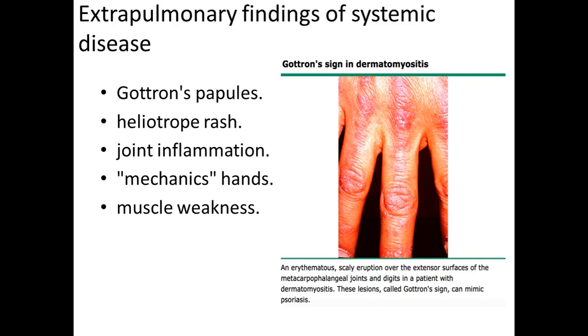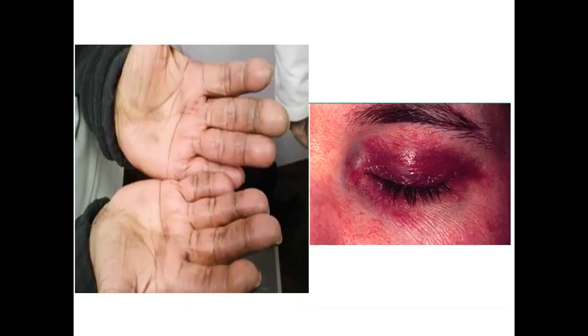Extrapulmonary findings of systemic disease are sometimes seen in the hand. This is a rare Gottron sign in dermatomyositis, heliotrope rash in the eye, or mechanic's hand, cracking or fissuring of the hand.